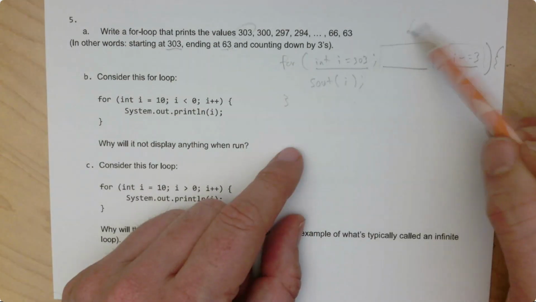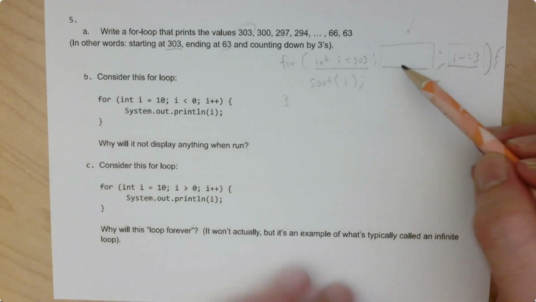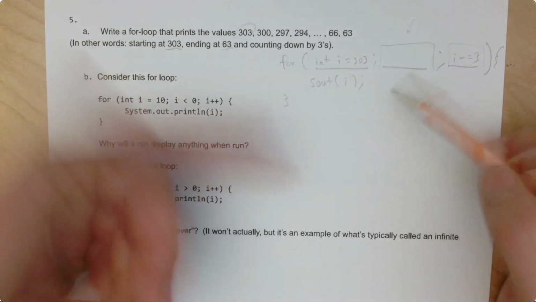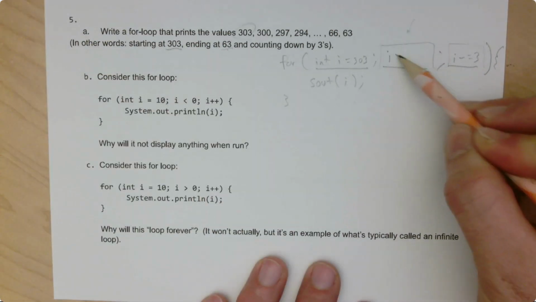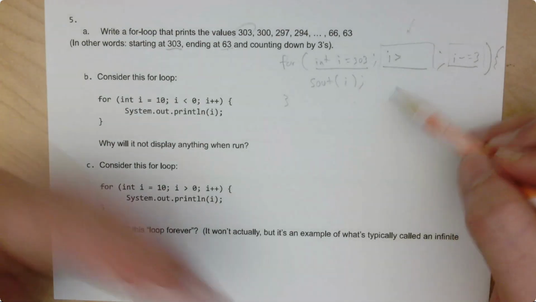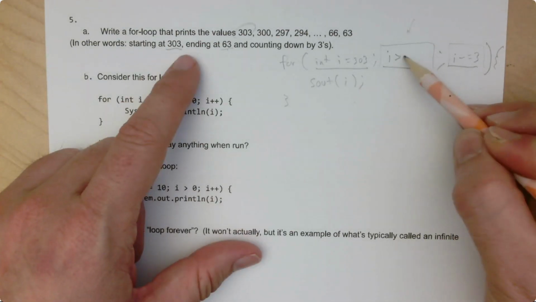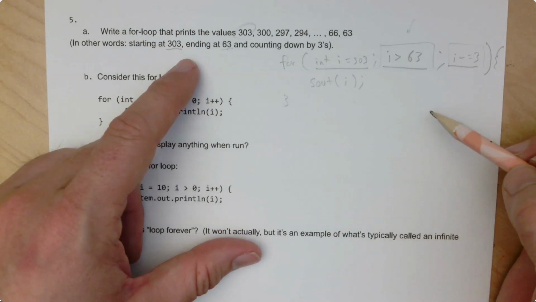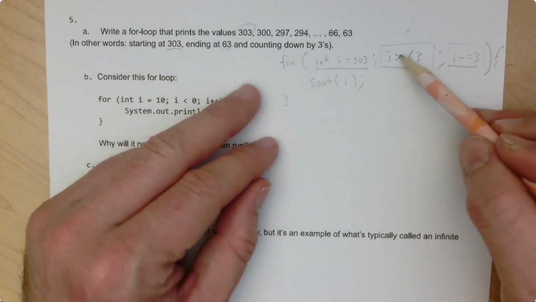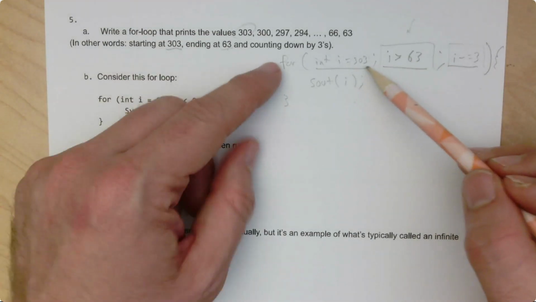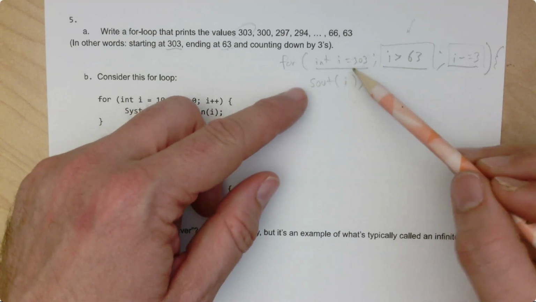This is a Boolean expression, which means it evaluates to true or false. And it needs to evaluate to true as long as we want to keep looping. So in other words, as long as i is larger than our ending value, that's when we want it to keep looping. So if i is larger than 63, we want it to keep going. Now this contains a small bug, because if we count down starting at 303, eventually we'll hit i is 66.